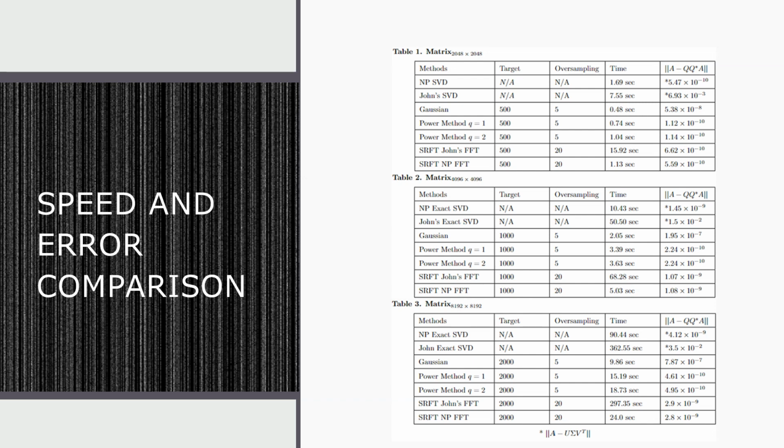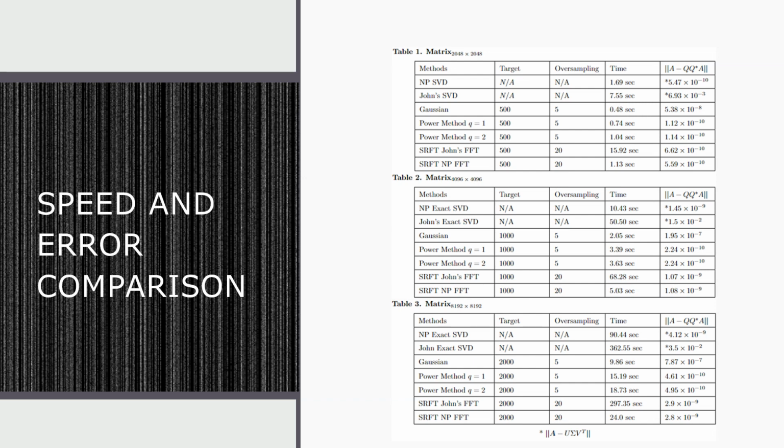These are all computed 20 times on the paid Google Colab server with 334 gigs of RAM to speed up the calculations. In terms of speed, the Gaussian method for this test was the fastest. The slowest were the base cases and the super slow nested for loop inside the John SRFT method just killed it.